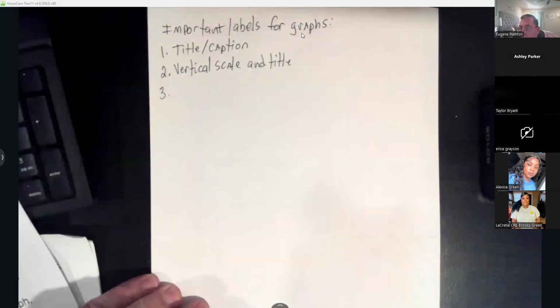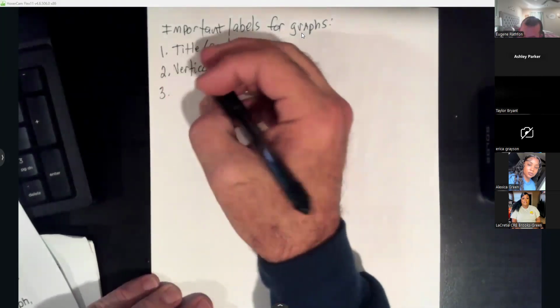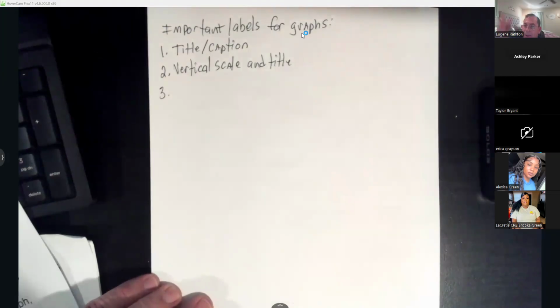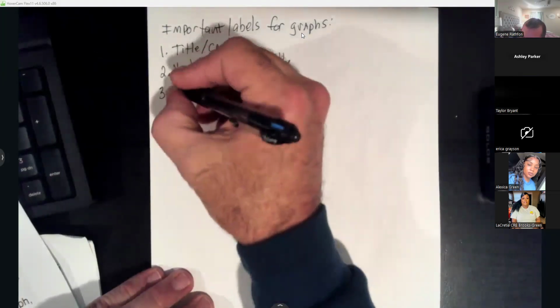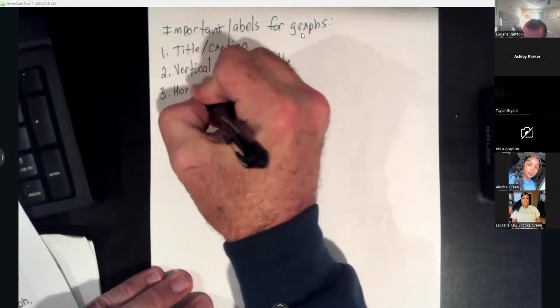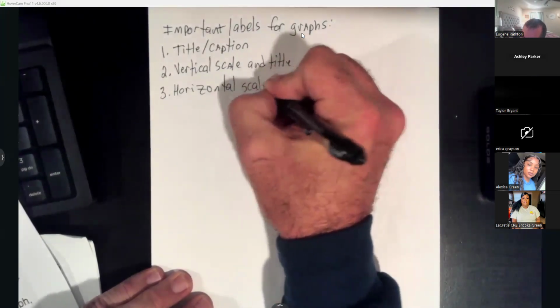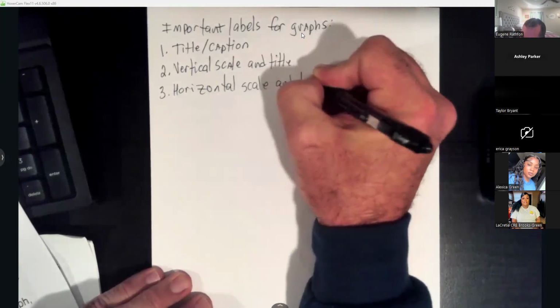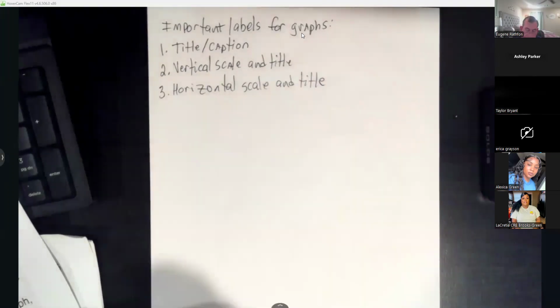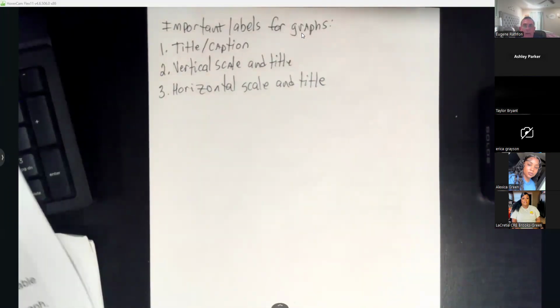All right. You want a horizontal scale that goes straight across. So vertical is up and down scale. Horizontal would be straight across, and a title.